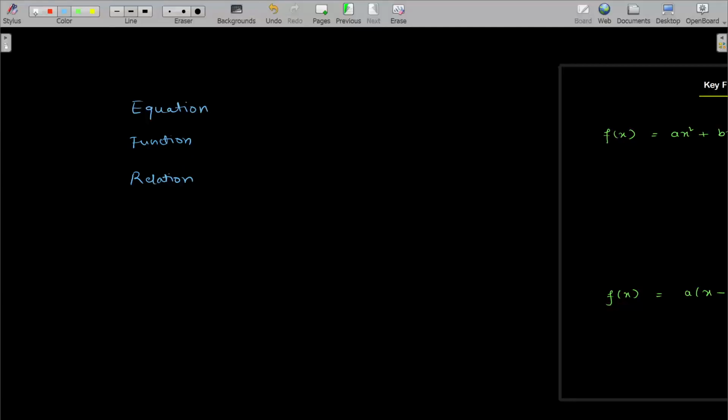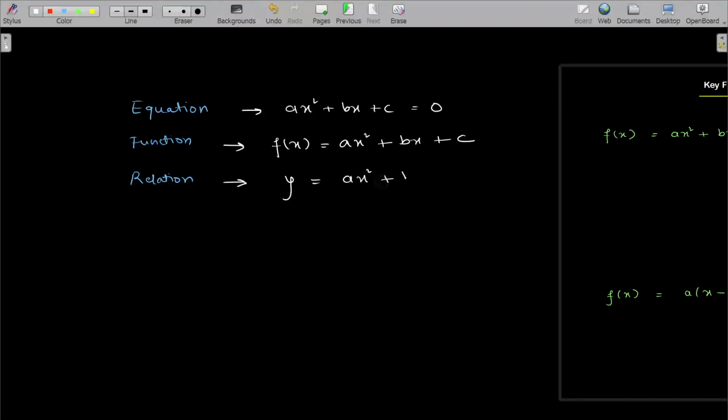Equation is simply ax square plus bx plus c is equal to 0. Function notation is f of x equals ax square plus bx plus c, and relation notation is y is equal to ax square plus bx plus c.